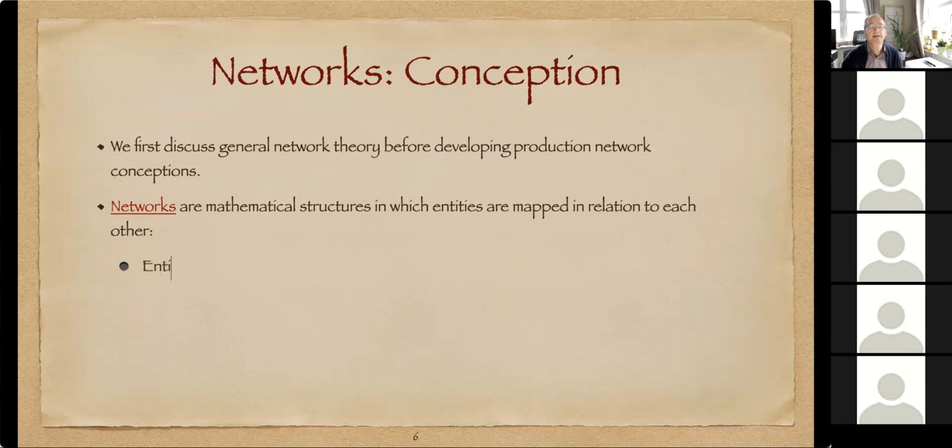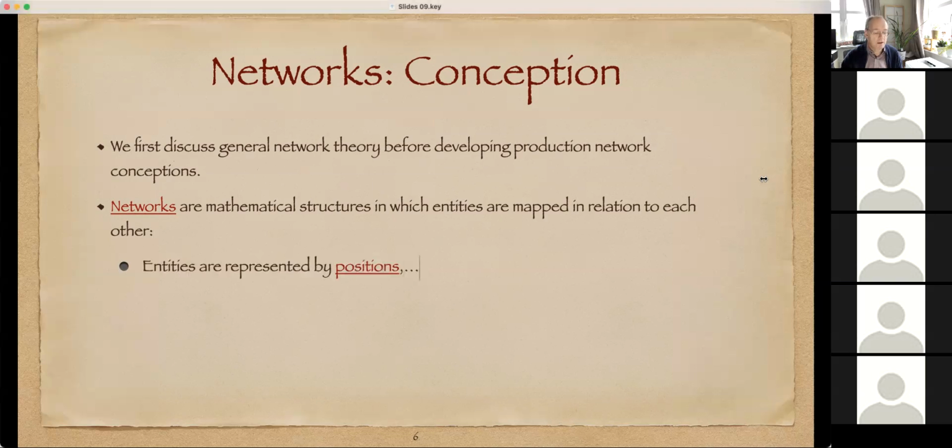And from the beginning, it should be made clear that networks consist of two things. Things that I call positions. A position in a network is occupied by an entity, and that entity is usually an economic agent.